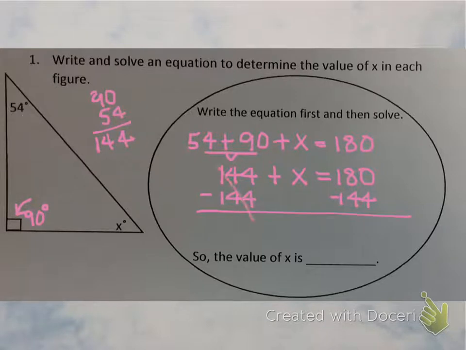This side goes away and goes to 0. Bring down your x, bring down your equal sign. Come over here to the side and subtract 180 minus 144. You should have gotten 36 degrees. So the value of x is 36 degrees.